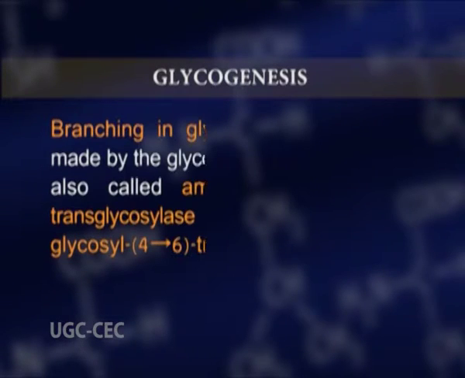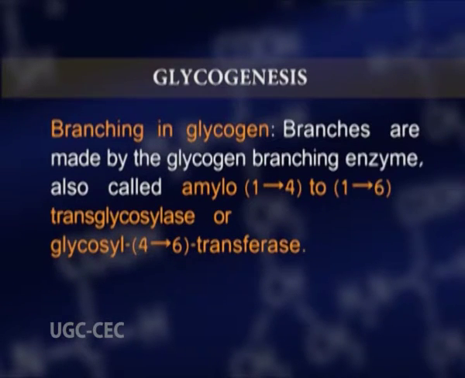Number 6, branching in glycogen. Branches are made by the glycogen branching enzyme, also called amylo-1,4 to 1,6 transglycosylase or glycosyl 4,6 transferase.